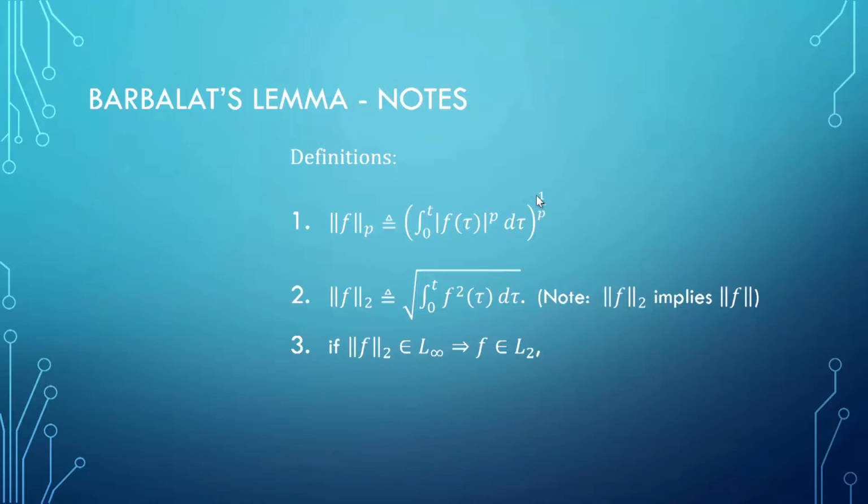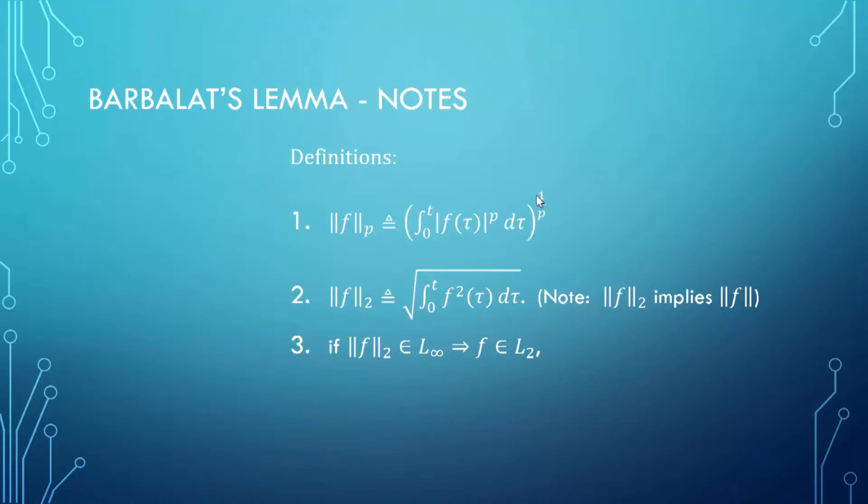If we say a function is Lp, it means that p could be 1, 2, 3, 4, 5, up to infinity.